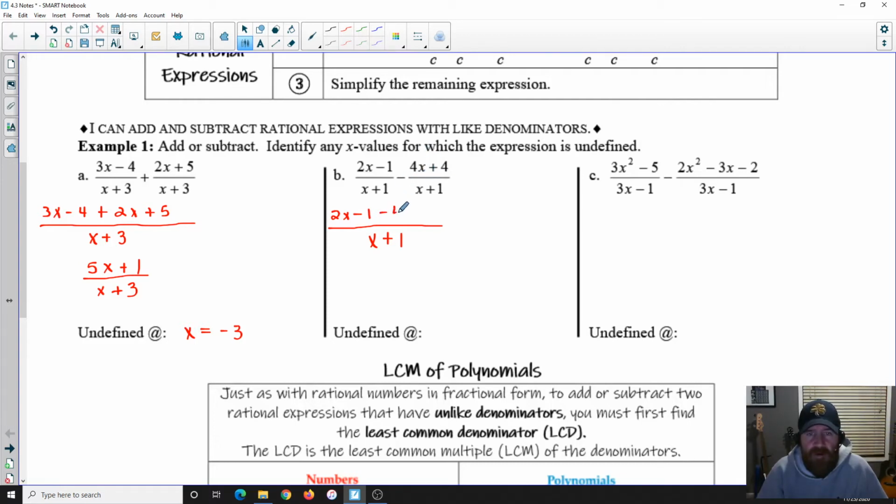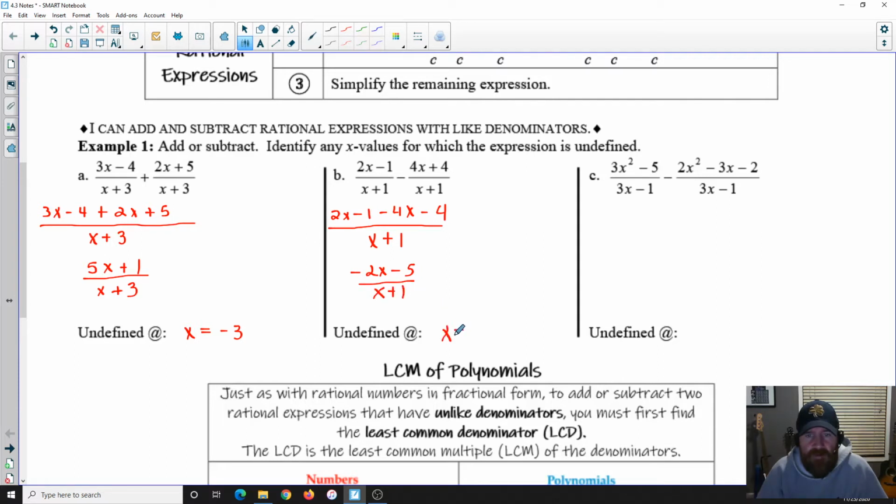So we have negative 4x and minus 4. So I just carried it through to all the terms in this numerator. So now 2x minus 4x gives us a negative 2x. Negative 1 minus 4 is negative 5. All over x plus 1.